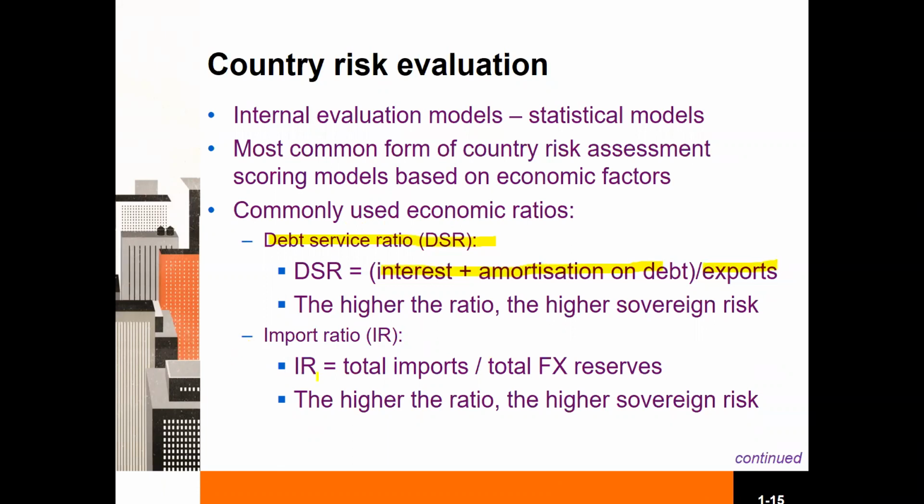The second one we discuss is the import ratio. Import ratio is the ratio of a country's imports to its total foreign currency reserves. Many countries must import manufactured goods because inadequate infrastructure limits their domestic production. In times of famine, even food becomes a vital import. To pay for imports, the country must run down its stock of hard currency, its foreign exchange reserves.